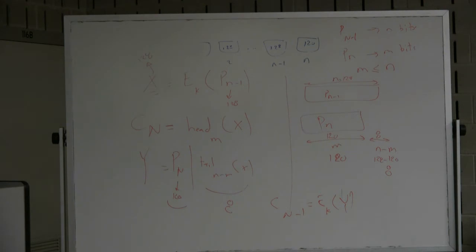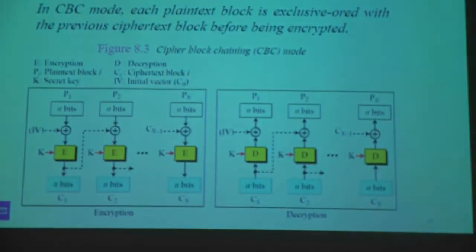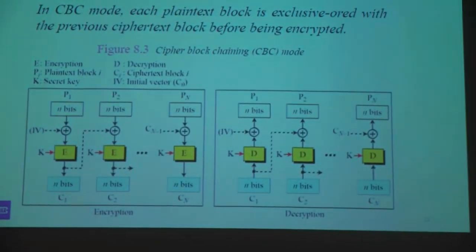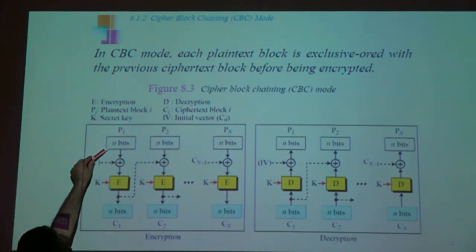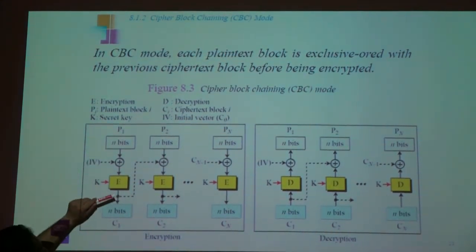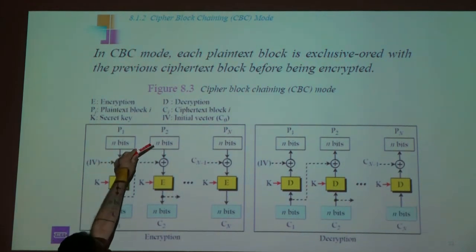Alright. So in CBC, there's another technique, CBC. This is a more realistic one. In CBC mode, each plaintext block is exclusive-ORed with the previous ciphertext block before being encrypted. So let's explain. You have here plaintext.